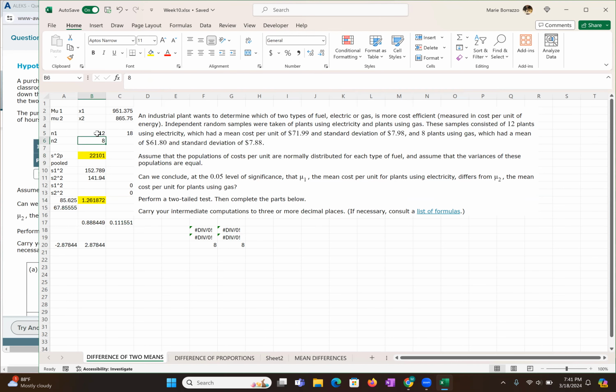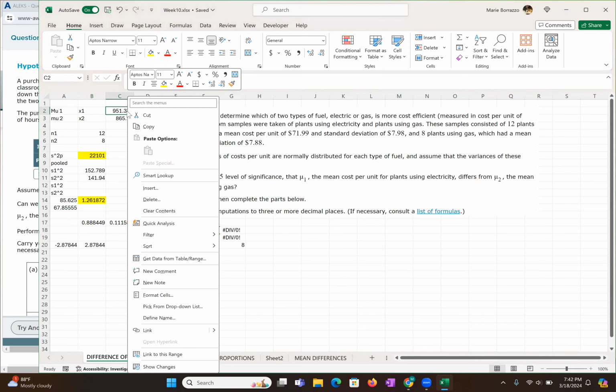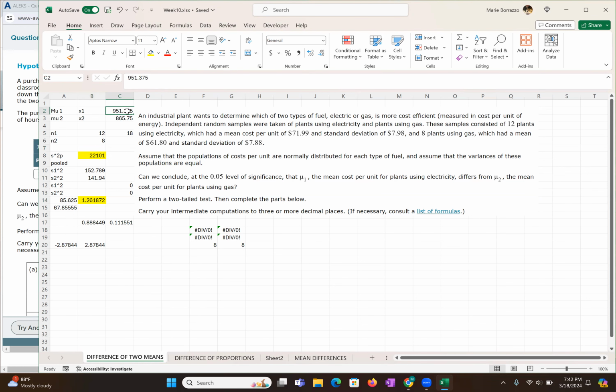And let's say that these 8 are the plant-based. Notice the value is 20 minus 2, 18. Here's degrees of freedom. The mean one is 7.99, and the second mean is 7.88.